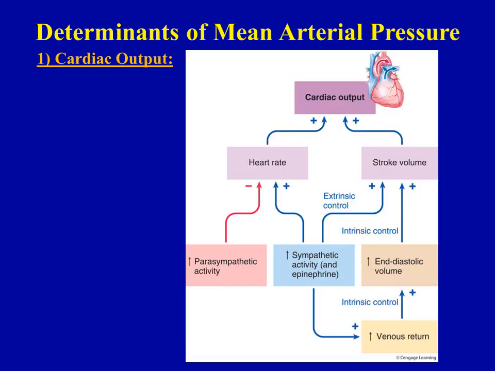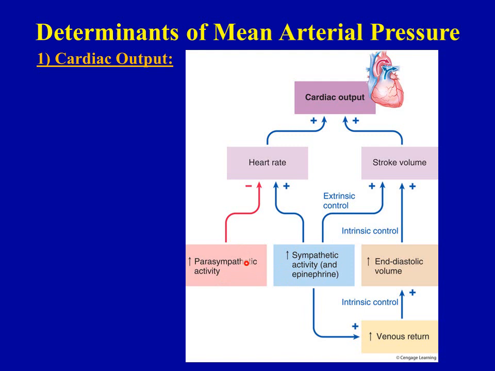As we know, the cardiac output is the product of heart rate and stroke volume. So cardiac output is equal to heart rate multiplied by the stroke volume, and the heart rate is controlled or modified by the 2 divisions of the autonomic nervous system, the parasympathetic division and the sympathetic division.